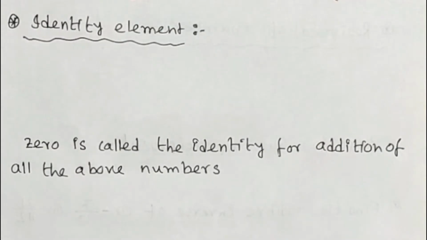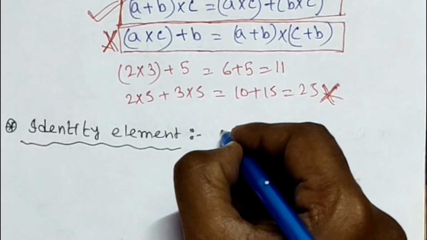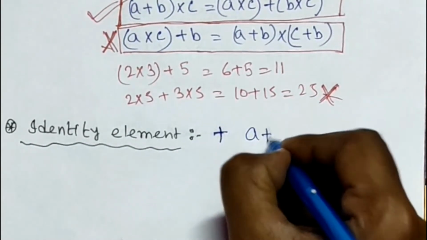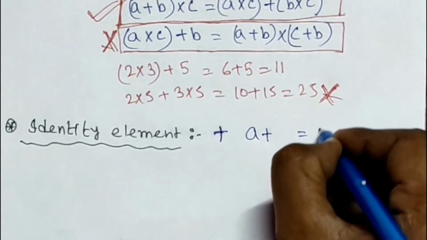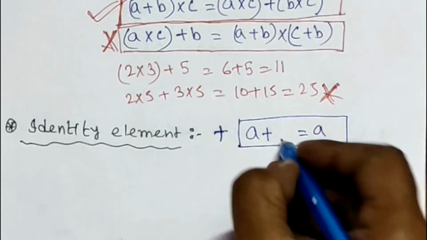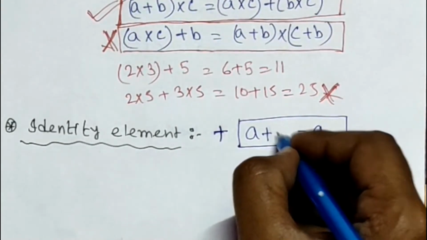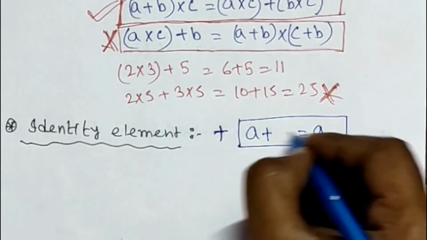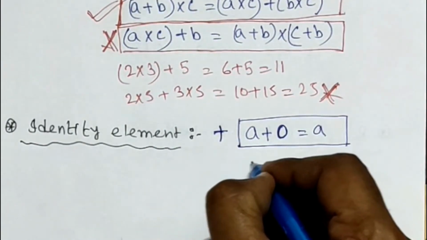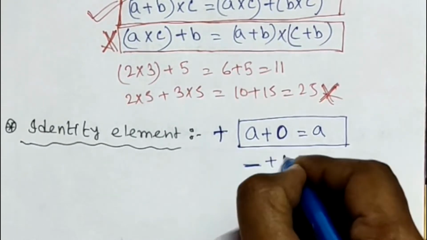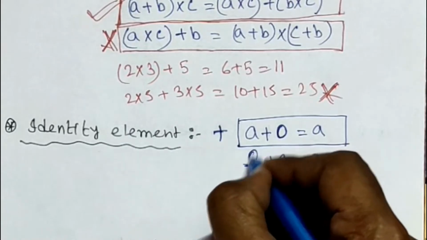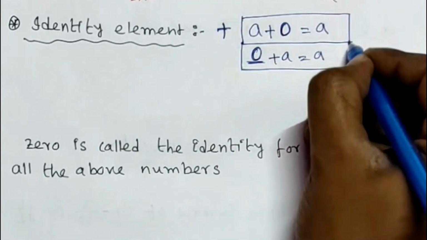Now the identity element. Suppose we are taking the operation addition. a plus something gives us a. Suppose you are asked to fill in the blanks. Which element is to be added with a such that we get a? Clearly 0, right? Similarly, something plus a equals a, obviously that element will be 0. Observe it very carefully.